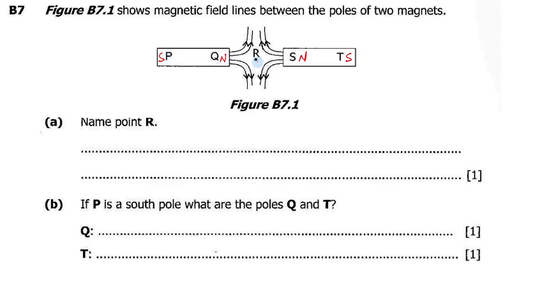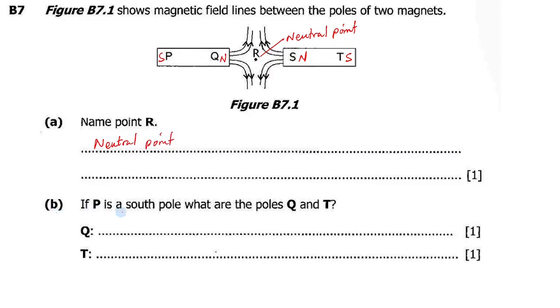Then this point here where there is no magnetic field is called the neutral point. So when they say name point R, you see it's the neutral point.